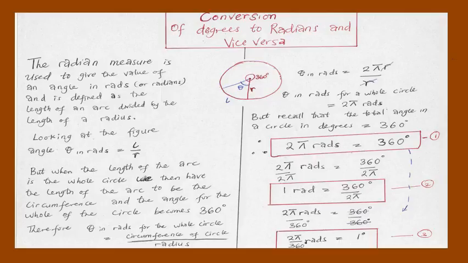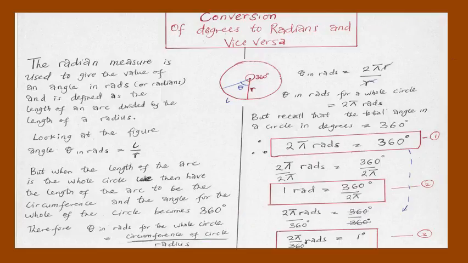theta in radians, the angle theta in radians for the whole circle, will be the circumference of the circle over the radius of the circle r. But you know from circle geometry that the circumference of a circle is given by the formula 2 pi r.